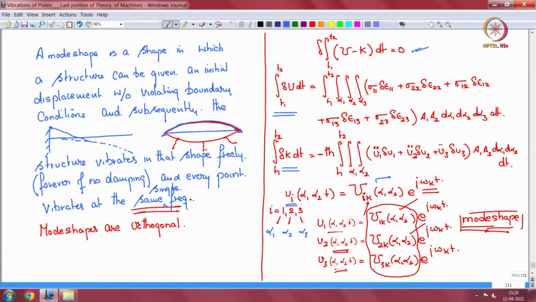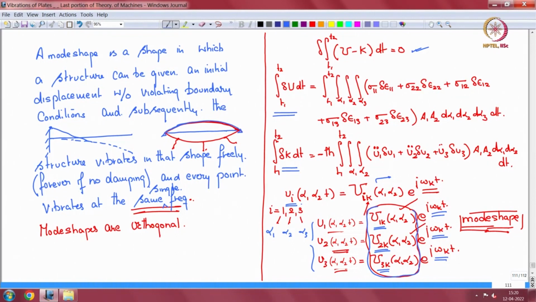So we will have this form, and u1, u2, u3 will be in one mode. All three displacements are represented by one mode. So u1 will be u1k, u2 will be u2k, and u3 will be u3k. This whole thing is one mode shape, the kth mode shape, and it vibrates at one single frequency.